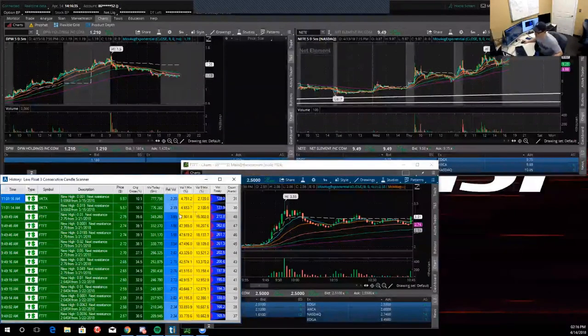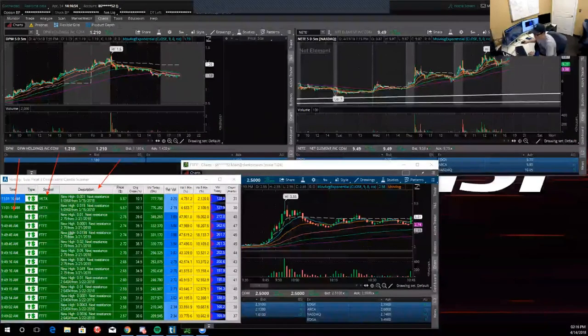And of course, we have all this other information. To be honest, I'll go over this information. It's not necessarily a necessity to have on your scanner. My previous scanner didn't have it, but we'll go over it real quick. So what we have here is time of alert, the symbol, the description. It's basically saying, hey, it made a new high over its previous price or previous resistance.